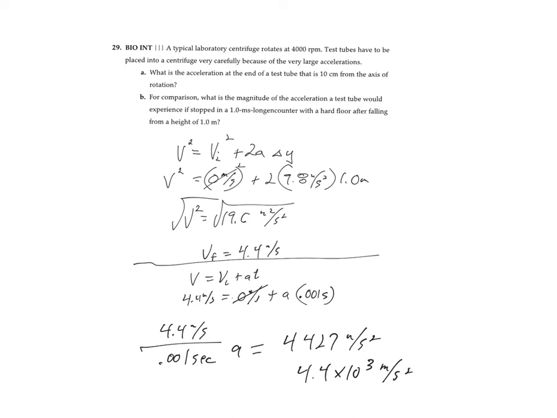And what was our last one? The fourth. So it is about 1/4 as big. So you take 4.4 times 10 to the third meters per second squared, and the other one was 1.8 times 10 to the fourth meters per second squared, and you throw that into your calculator.